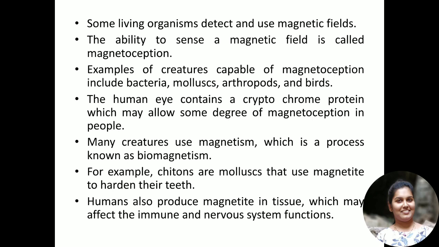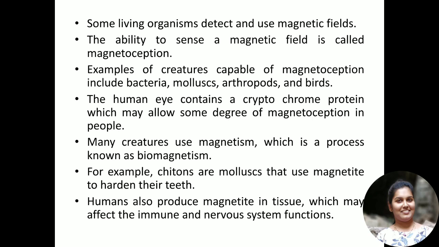Even the human eye contains cryptochrome protein, which may allow some degree of magnetoception in many people, not in all, but in some people, based on the protein content in the eye. Many creatures use magnetism, a process known as biomagnetism.